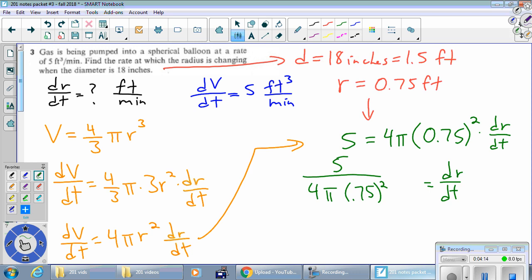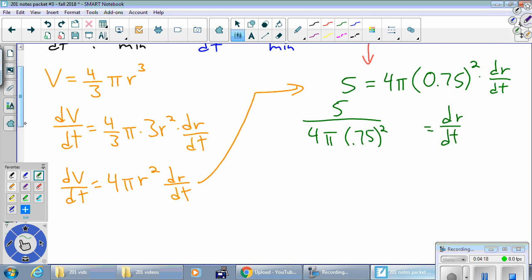We could clean this up just a little bit. I just looked at the key in the packet, and it does have a fraction version of this. So if we chose to clean this up, maybe instead of 0.75, we wrote 3/4 here. That's what they did anyway. Then squaring 3/4 gives me 9/16. So this became 5 over 4 pi times 9/16.